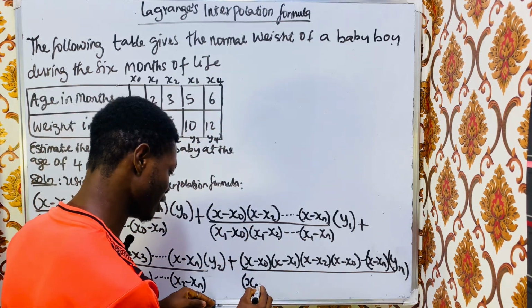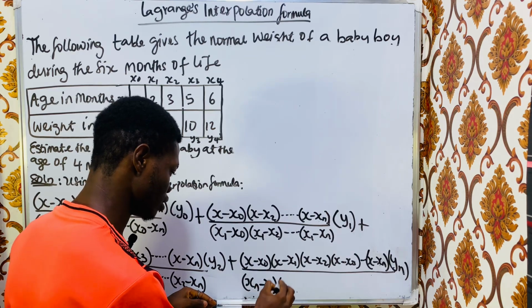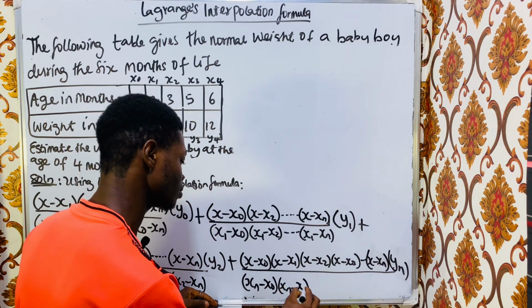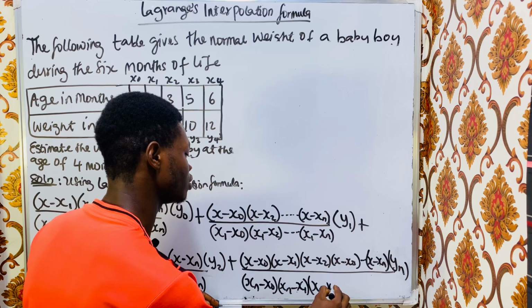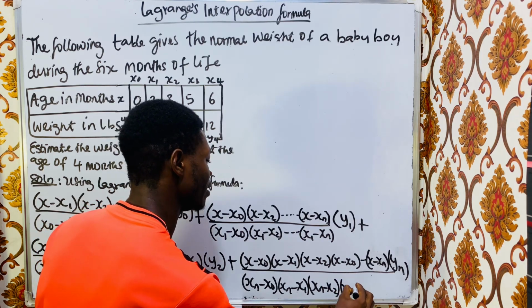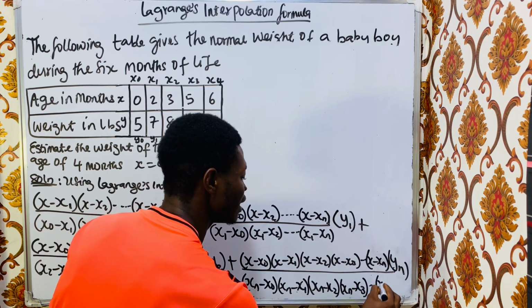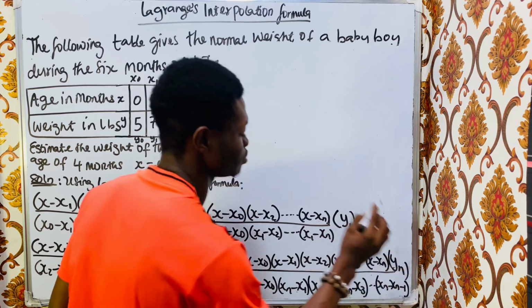So xn minus x0, then xn minus x1, xn minus x2, then xn minus x3, dot dot dot, xn minus xn minus 1.